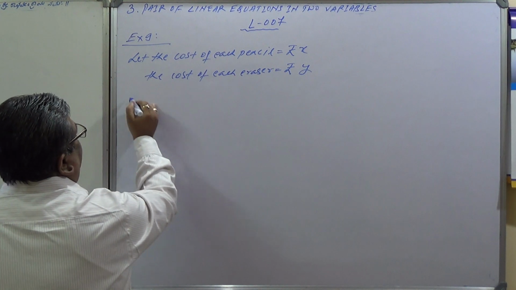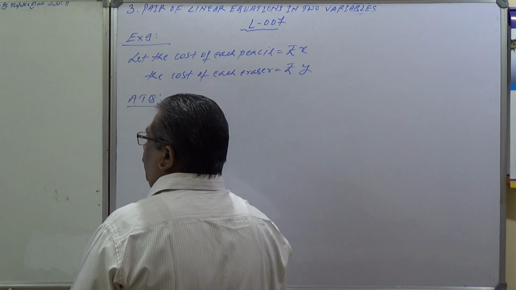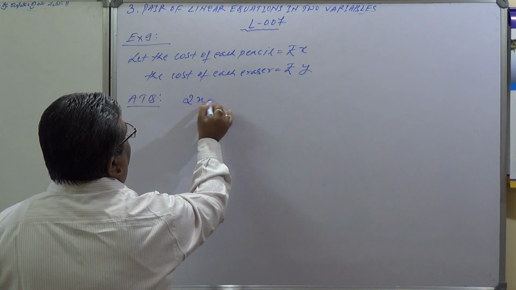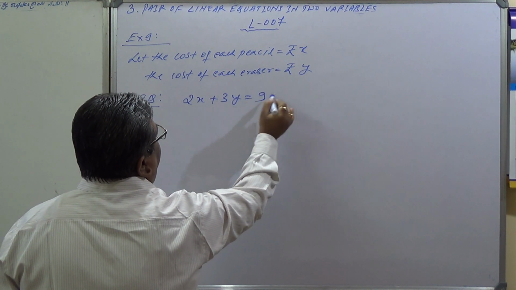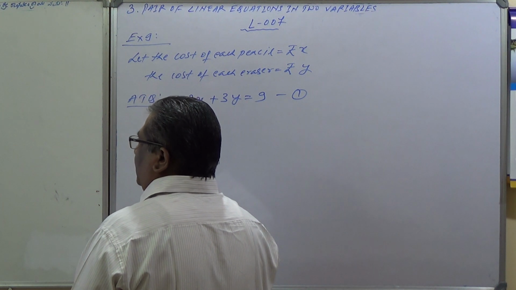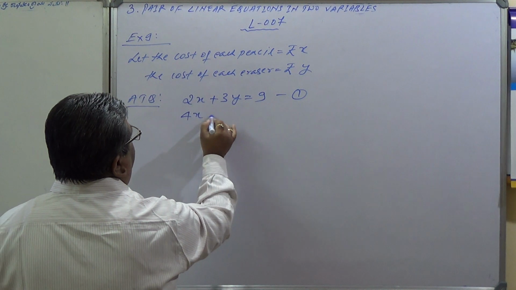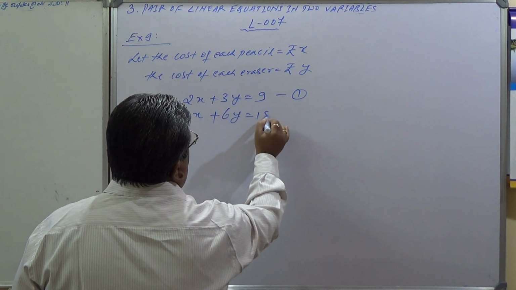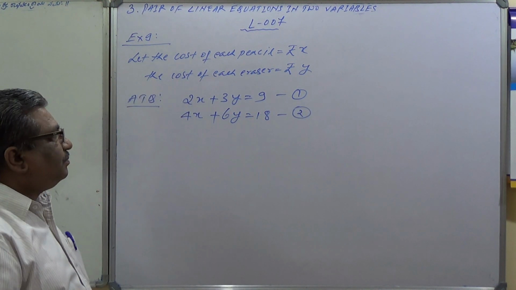According to the question, the cost of 2 pencils and 3 erasers is 9, so 2x plus 3y equals 9. Also, the cost of 4 pencils and 6 erasers is ₹18. These are the two equations which I have got.